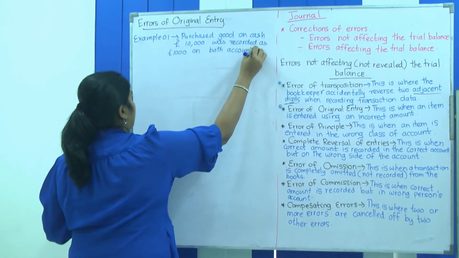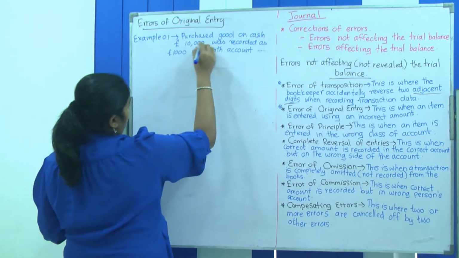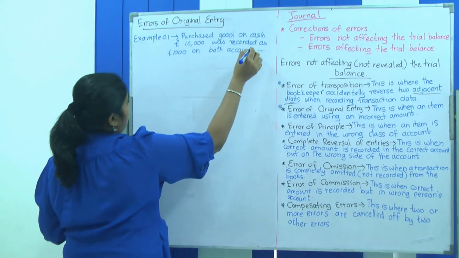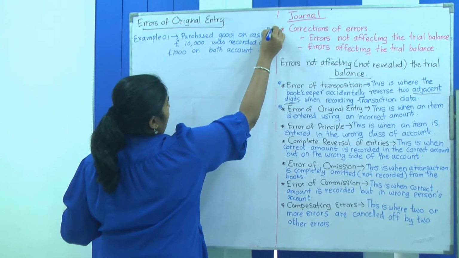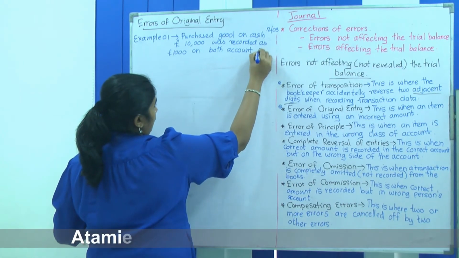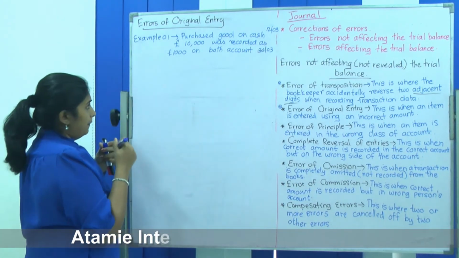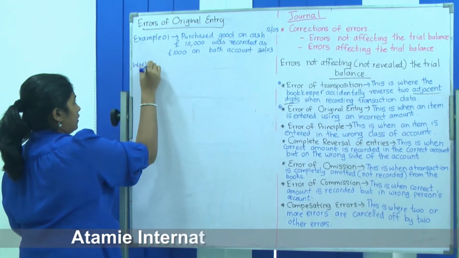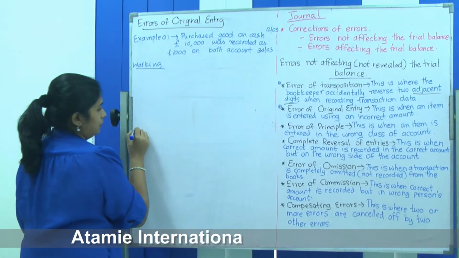This was done on cash on 12th of March. The error was found on 30th of March. Now I'll do the workings and I'll show you how to record them in the journal.